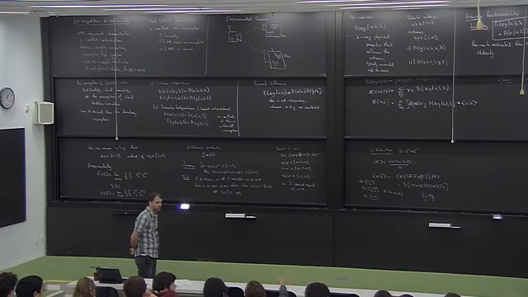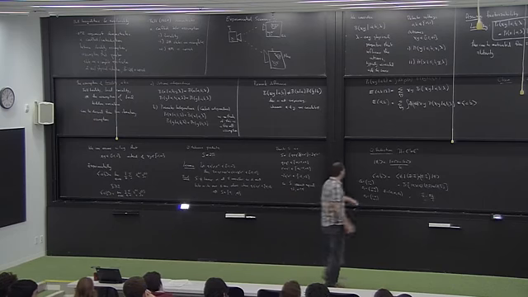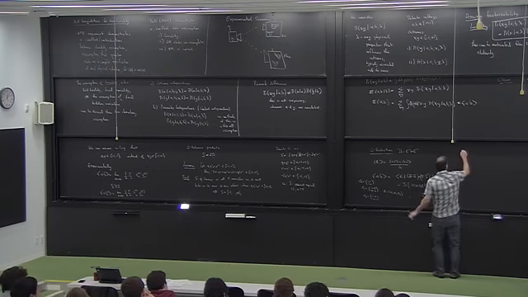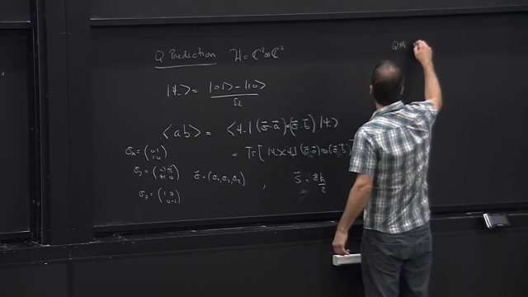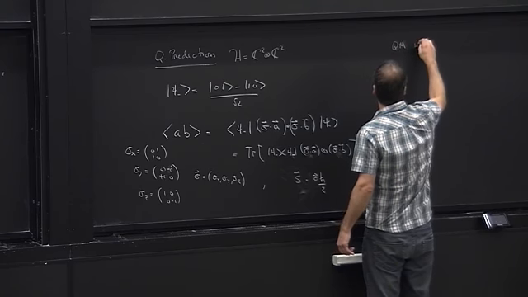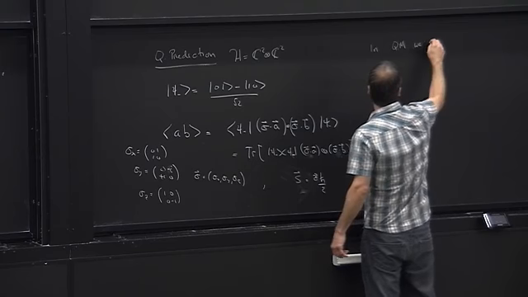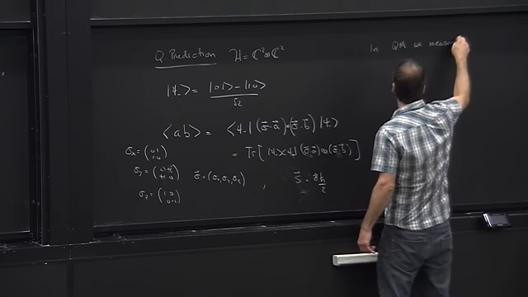So this is just, I mean, it doesn't matter. Here, the point is this. Quantum mechanically, how do you measure this? In QM, we measure this in the same way as classically.